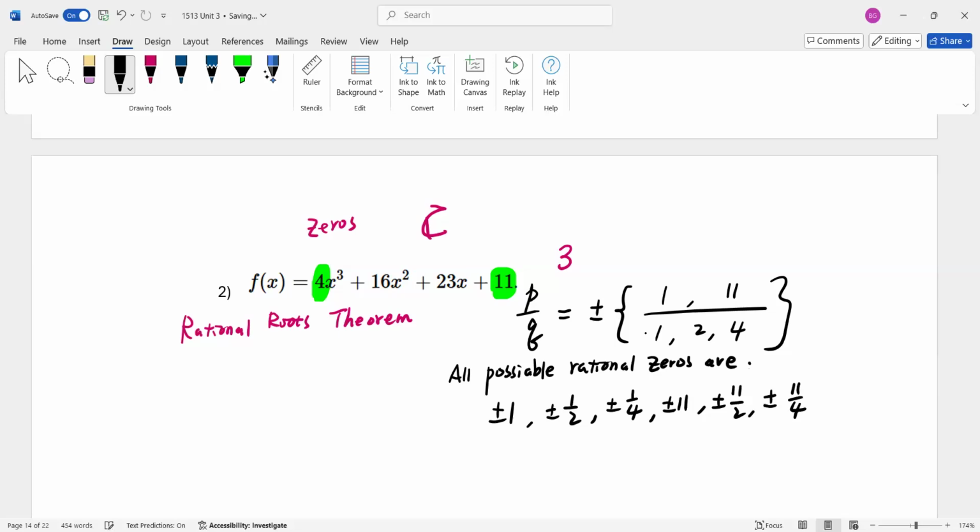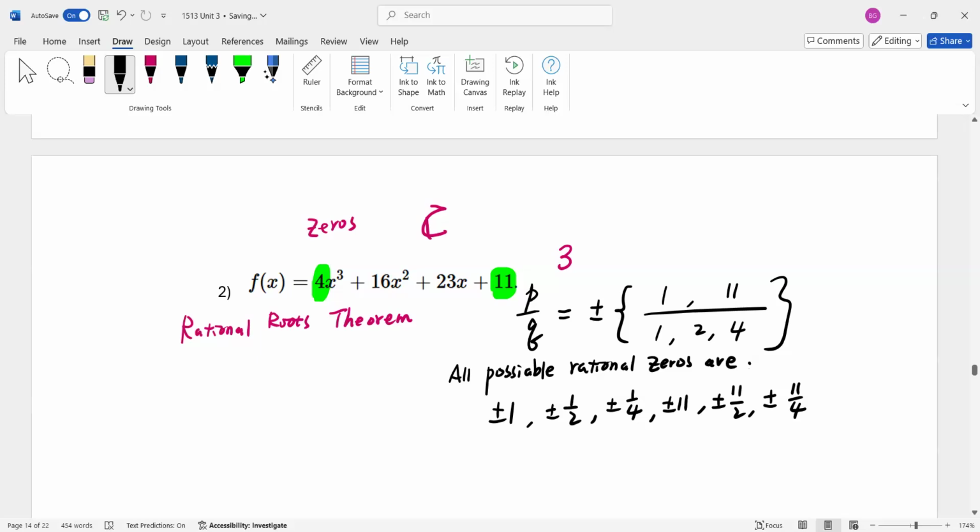And those are all the possible rational zeros of the polynomial function. This is a lot, by the way. 1/1, 1/2, 1/4, 11/1, 11/2, 11/4. We have 12 potential rational zeros.